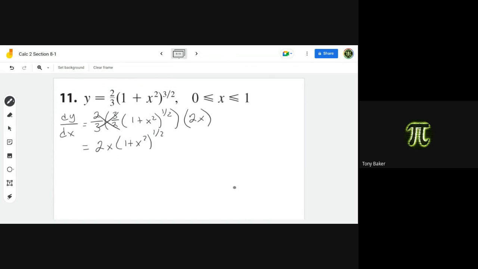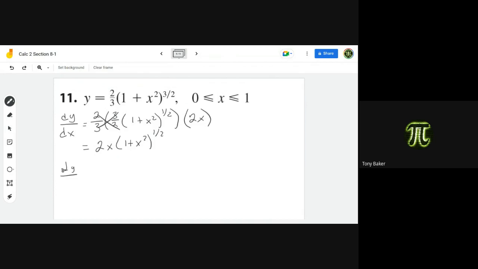Squared. Well, yes, I haven't done that part yet. So remember chain rule comes up. So squaring that. So dy dx.